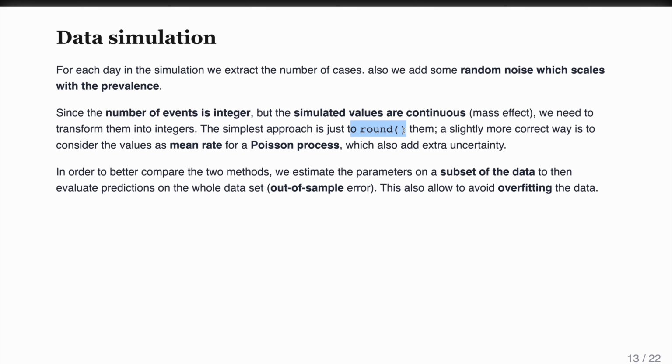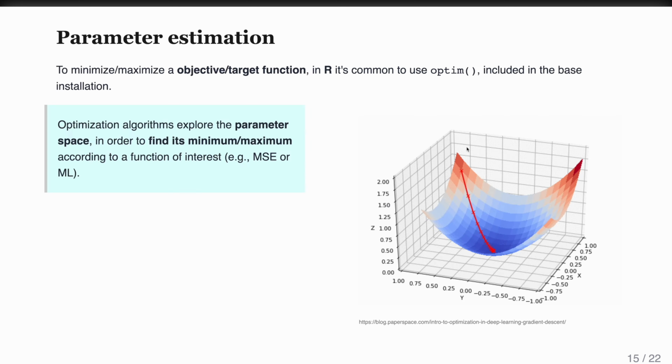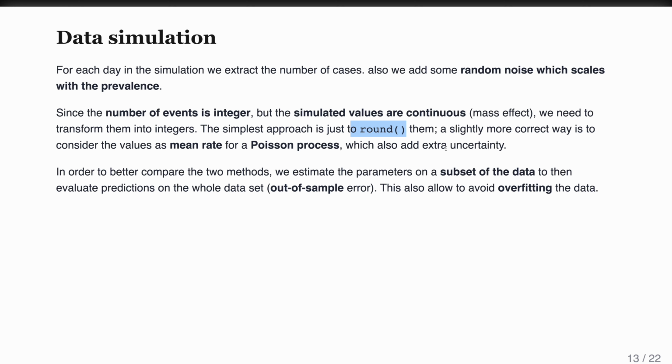It's like we are saving data from thousands of alternative realities, and the simulated data is the mean of these alternative realities. So a correct approach is to use this mean as the rate for a Poisson process that then creates a random realization of this ideal reality. It also adds some extra uncertainty, which is good to test the robustness of our methodology.